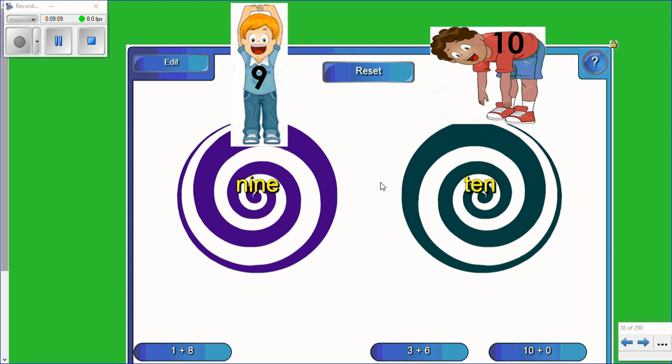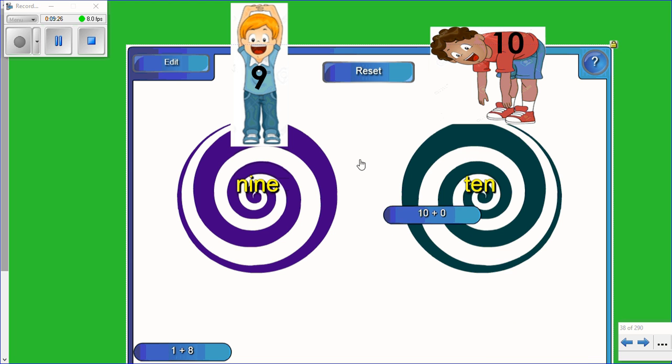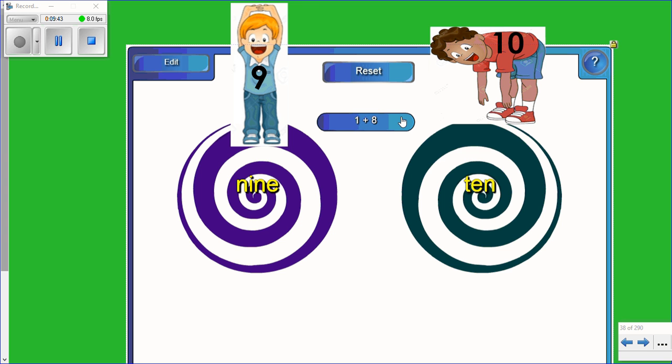Nine. Ready? 3 plus 6. Nine. Ready? 10 plus 0. 10. Ready? 1 plus 8. Stretching up for 9. Excellent job.